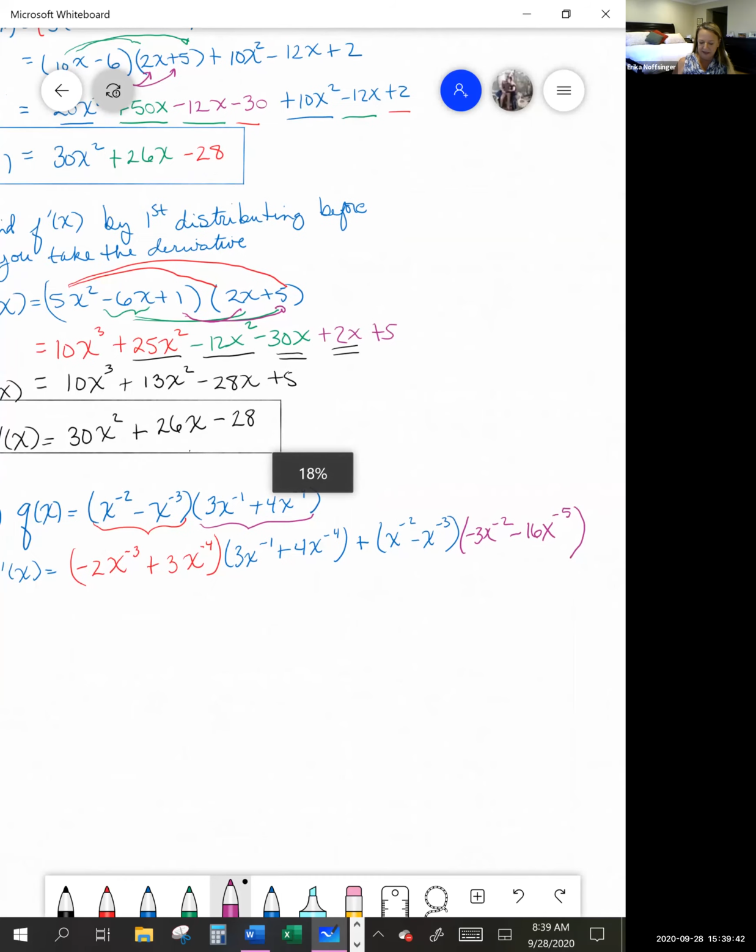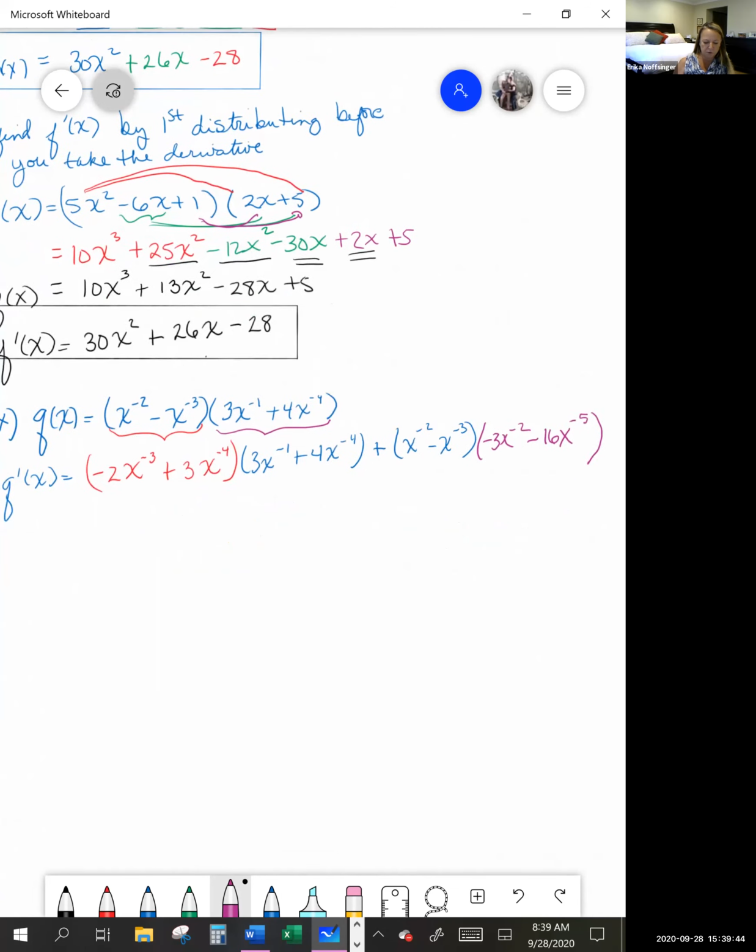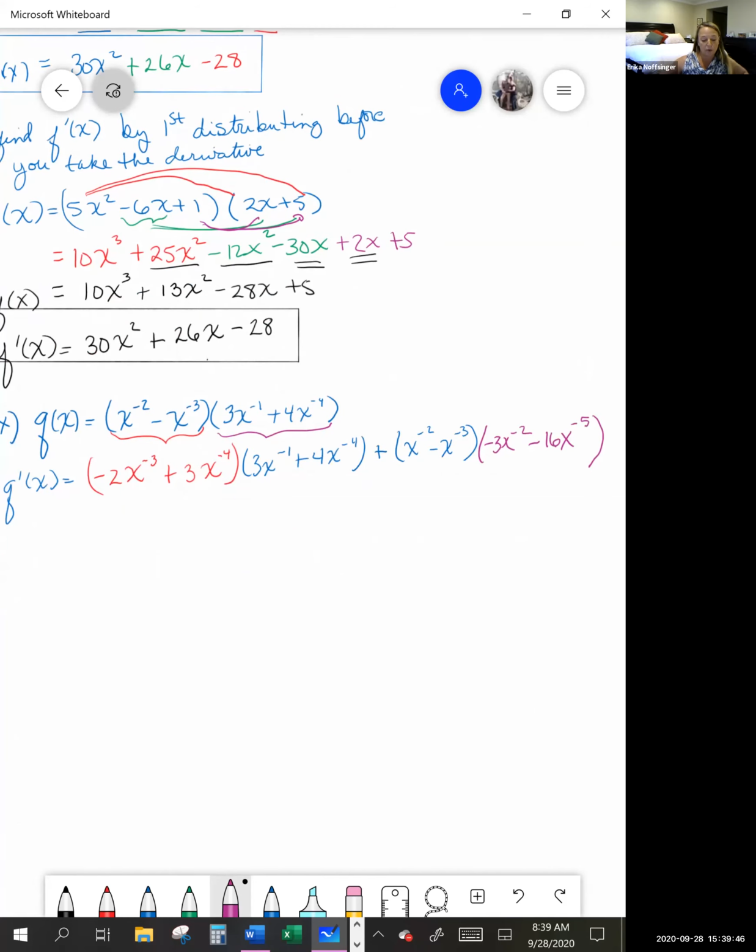They actually have it expanded, and so we've got to use rules of exponents, just that when we're multiplying the same base, you add your exponents. And so q prime of x is equal to, so negative 2x to the negative 3rd times 3x to the negative 1. So negative 2 times 3 is negative 6. x to the negative 3rd times x to the negative 1, add our exponents, x to the negative 4.